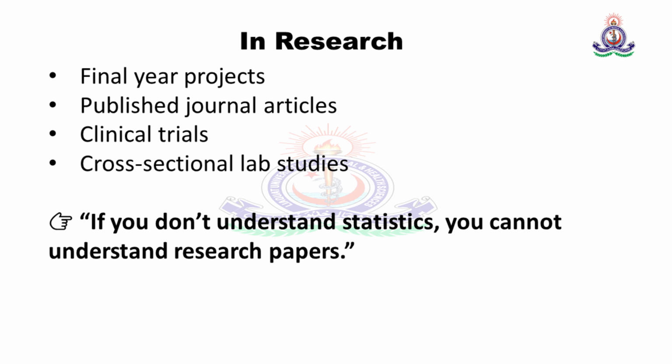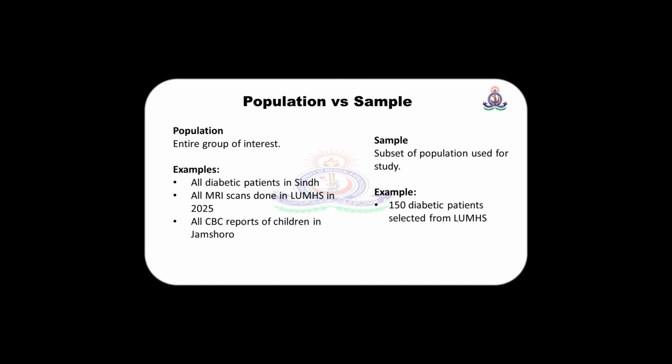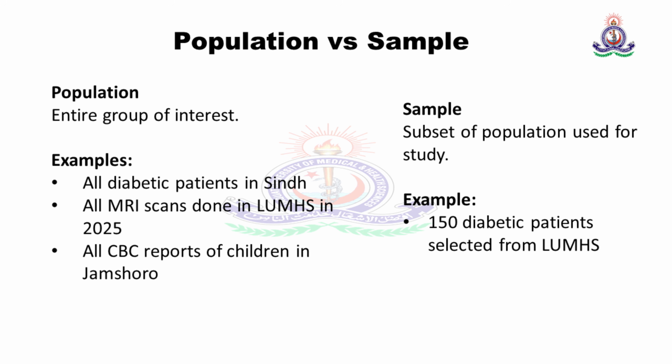Now let's clear up one of the biggest confusions in all of medical research. This is a classic misconception. A population is the entire group you care about. All diabetic patients in Sindh, all MRI scans in 2025, all CBC reports of children in Jamshoro.